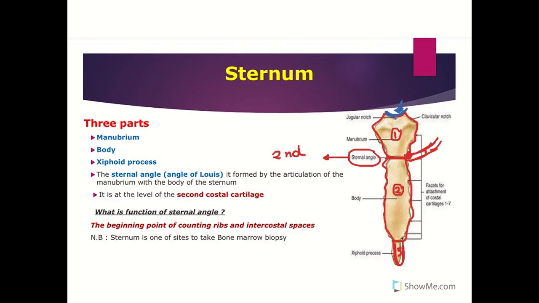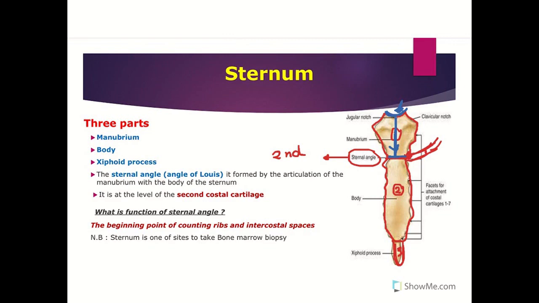And then if you move downward in the midline, exactly in the midline of your anterior chest wall, you are moving in this direction. This is the manubrium sterni, and you are moving your index finger on the anterior surface of your manubrium sterni down to reach a transverse ridge. You can feel this transverse ridge.